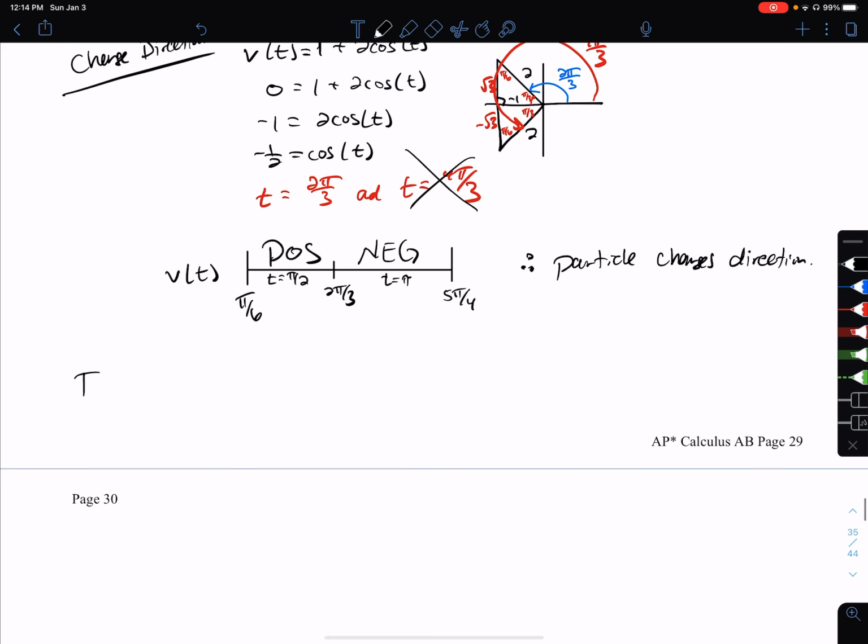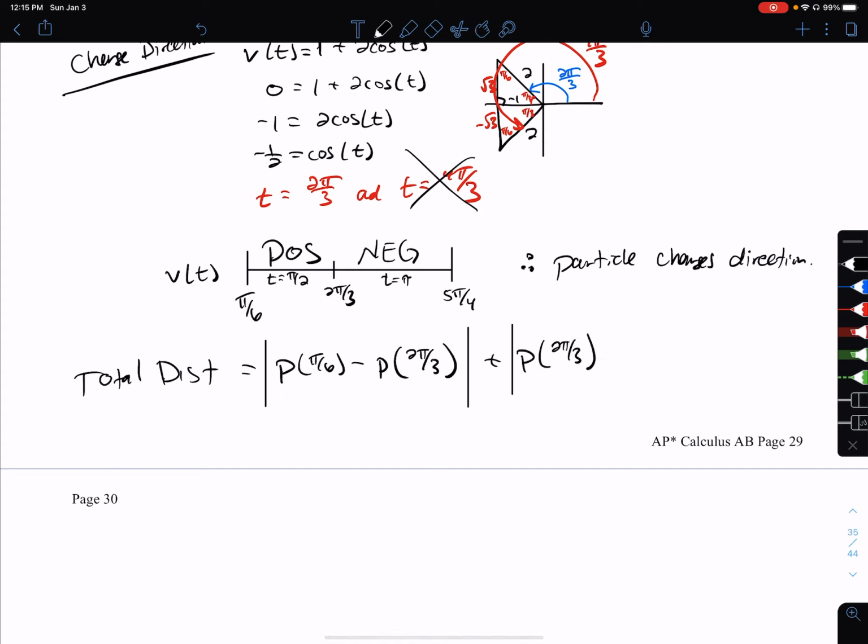So to find the total distance, I take the position at the starting time minus the position at the time when it changes direction, take their absolute values, add to that the absolute value of the position at the changing direction time minus the position of the particle when it stops, at least when this time period ends.